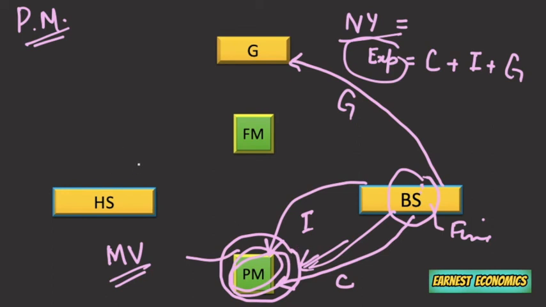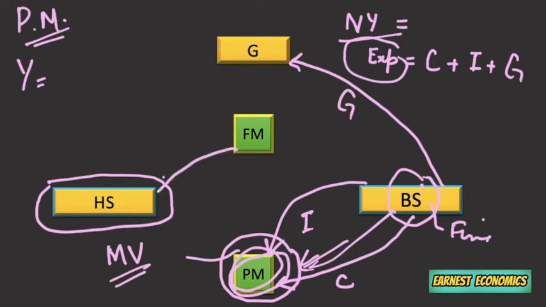The third approach is what we call the income approach, and in this we try to understand what are the various sources of income for the household sector. Again, there are three components of this total income in the three sector model. One is the factor income received from the factor market, which is actually given by the business sector.